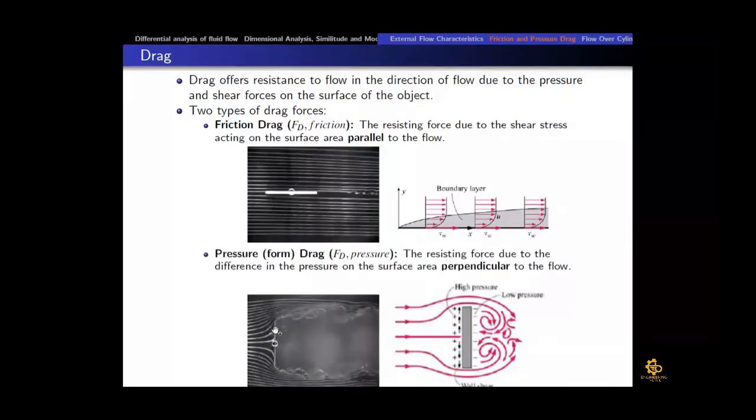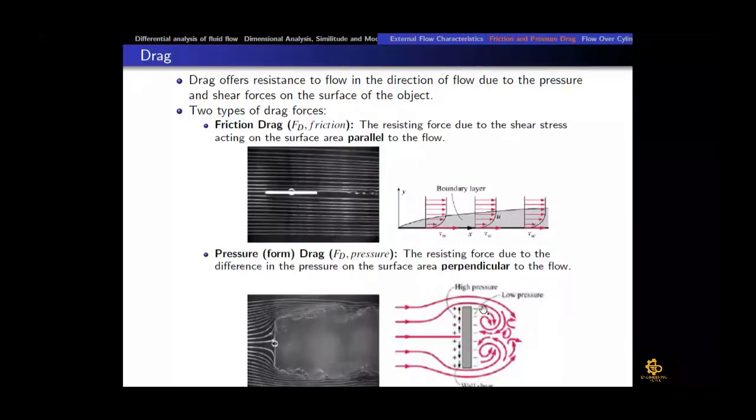Like here, this is a fully blunt body, so it means that this is a flat plate which is perpendicular to the flow direction. Now what happens is that the flow comes here, and because it is a blunt body, the streamline divergence would be very significant, and due to that effect, there would be a wake region or flow separation region at the back side, a low pressure region.